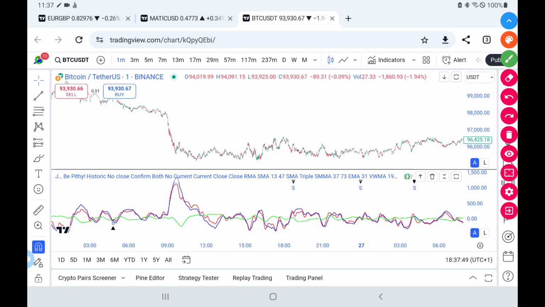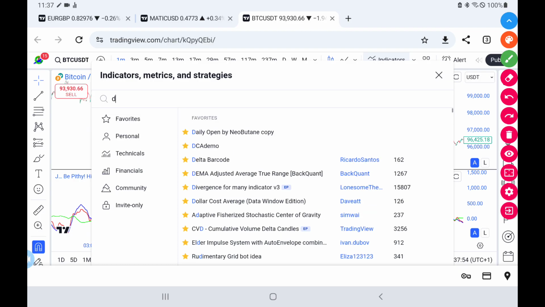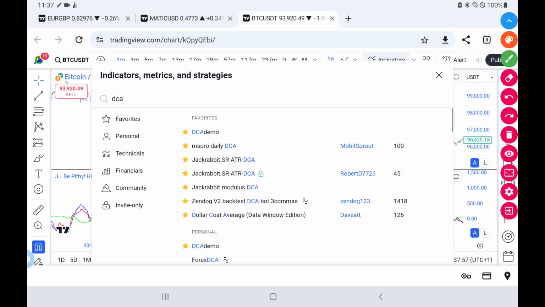Going back to the main chart, now, of course, we're going to go to the DCA. Again, these are in the Jackrabbit support area.